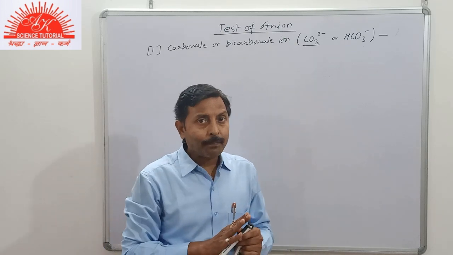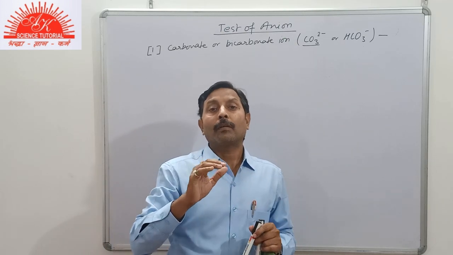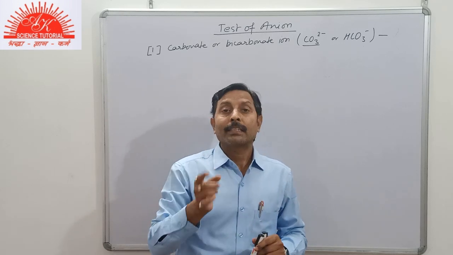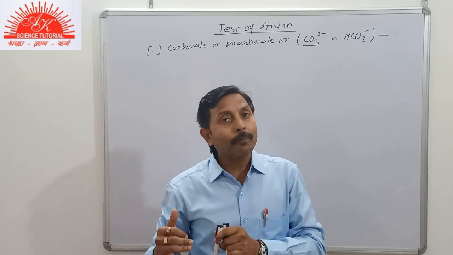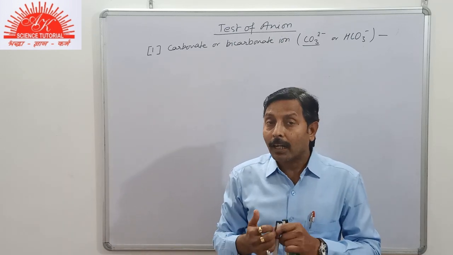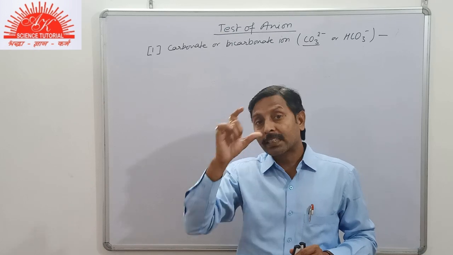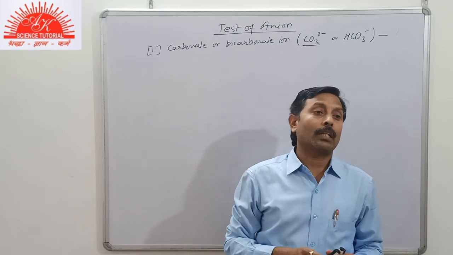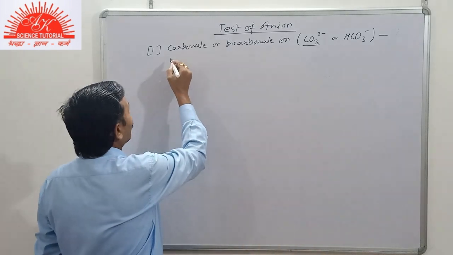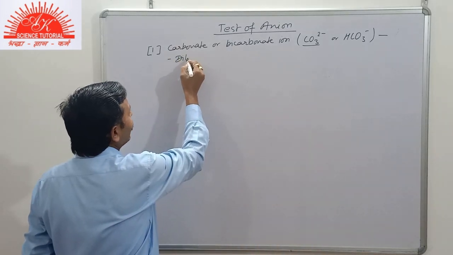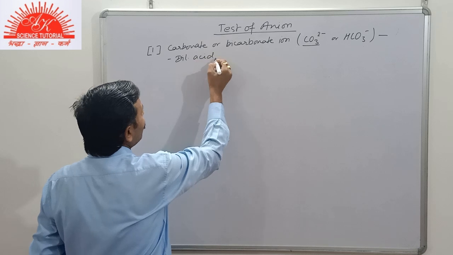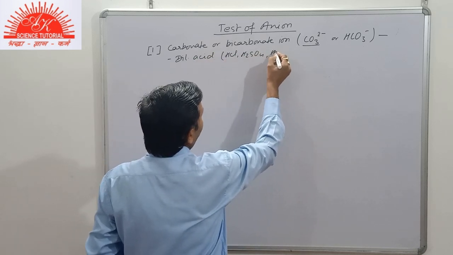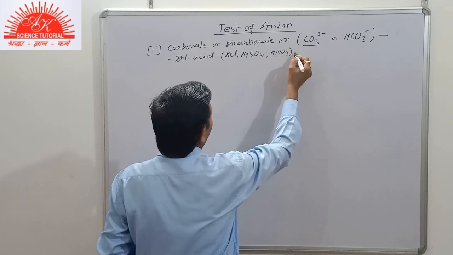So in first step, you will write here the procedure, what is going to be added. Second, what is the observation, and then the third part you will write its conclusion, its result, its inference. Like you see, in first part, that is dilute acid. It may be HCl, H2SO4, HNO3 or any other acid.